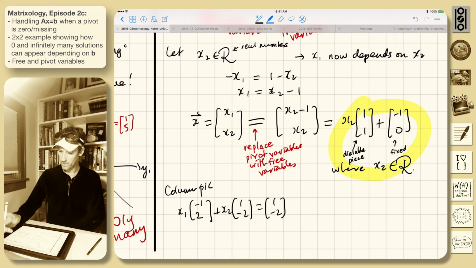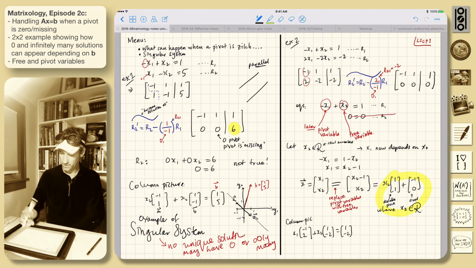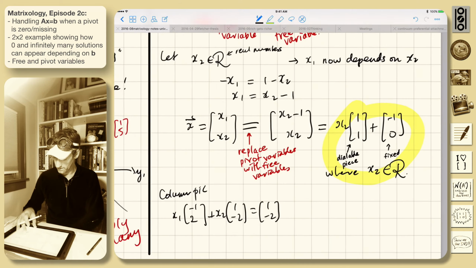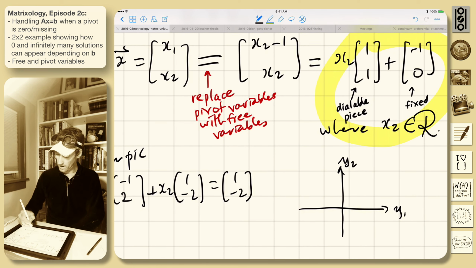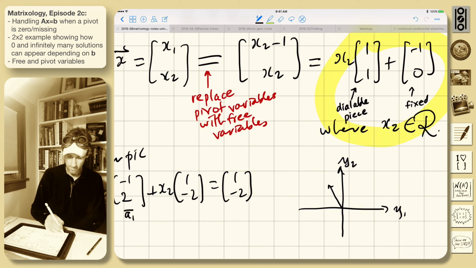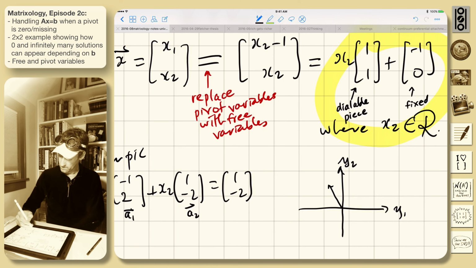Okay, so let's leave it there. So what's the picture for this thing again? It's in the y1, y2 space. And we have minus 1 with a 2. So this is A1, A2, there's A1, and A2 is just pointing in the opposite direction.